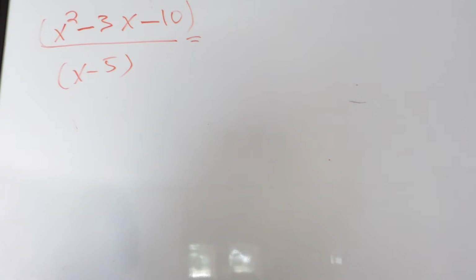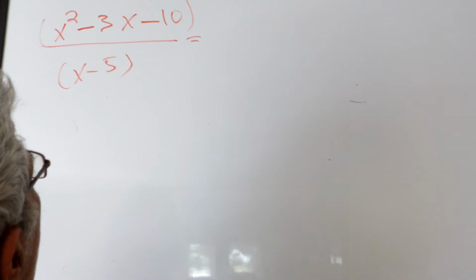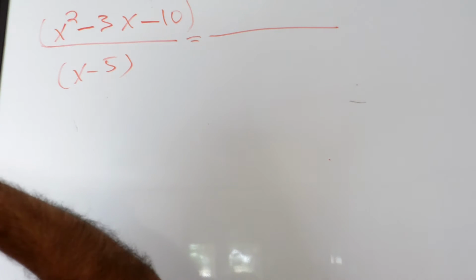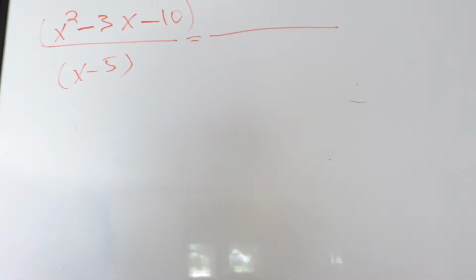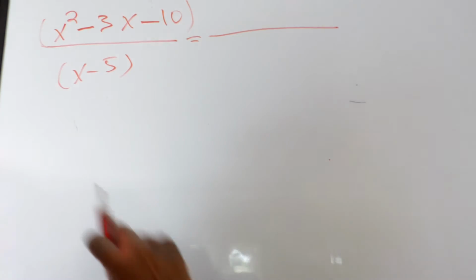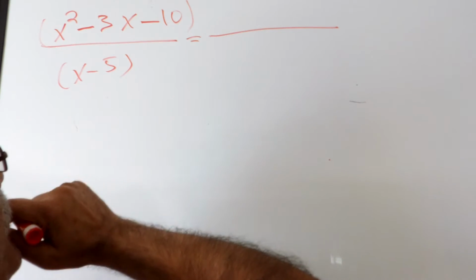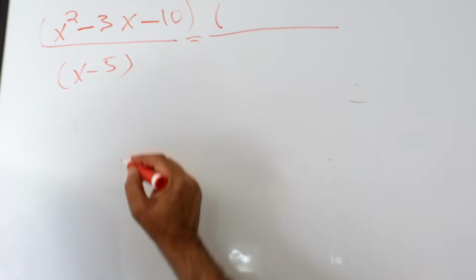We are going to simplify this. This is a trinomial and this is a binomial. This is the rational expression.